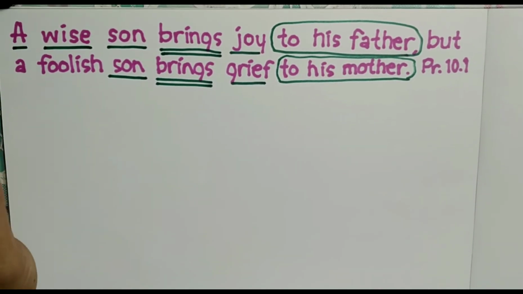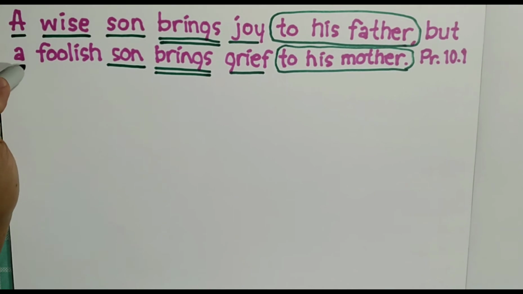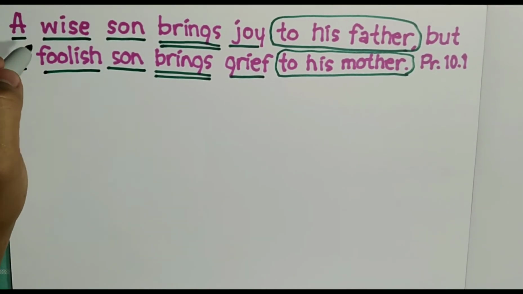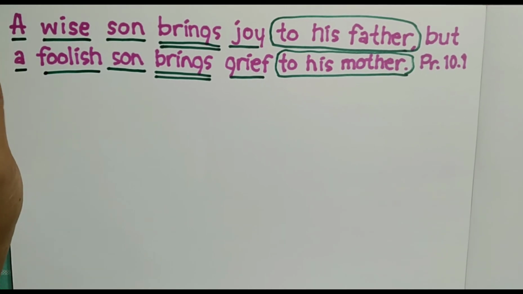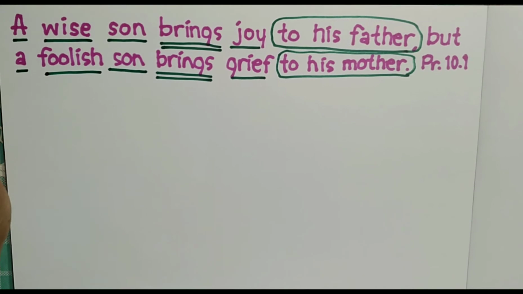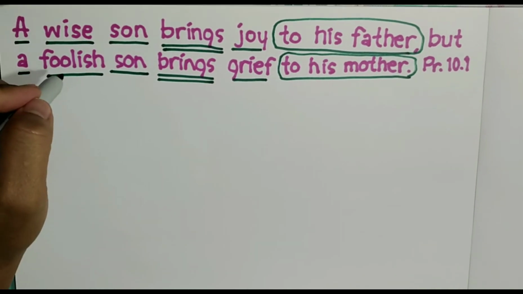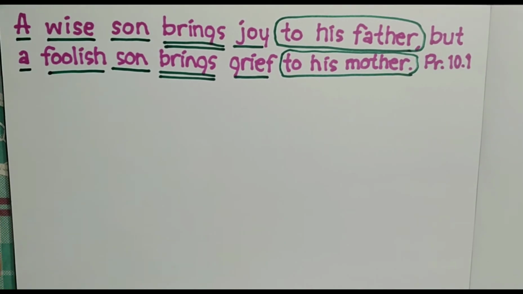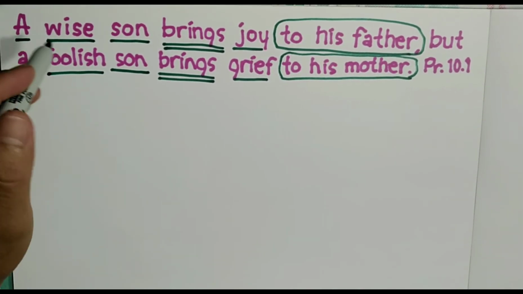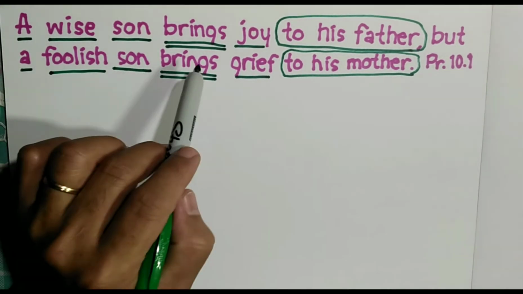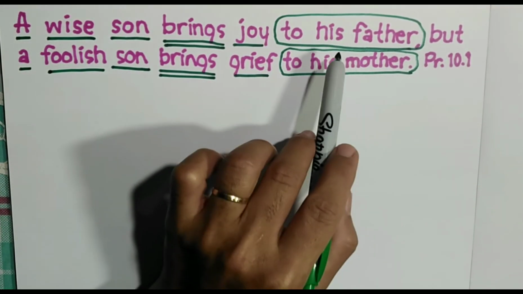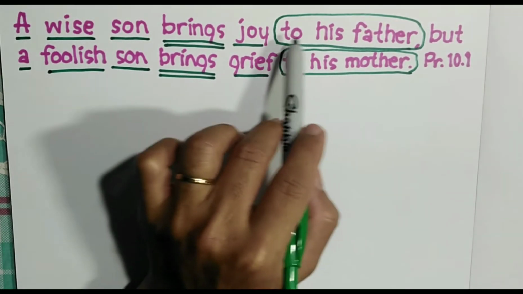We also have the word a and then foolish. What are these things? These are also adjectives, because a and foolish describe the son as well. So we now have adjective, subject, verb, direct object, and a prepositional phrase with the preposition to.